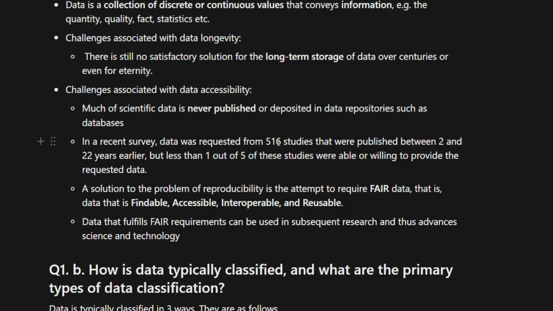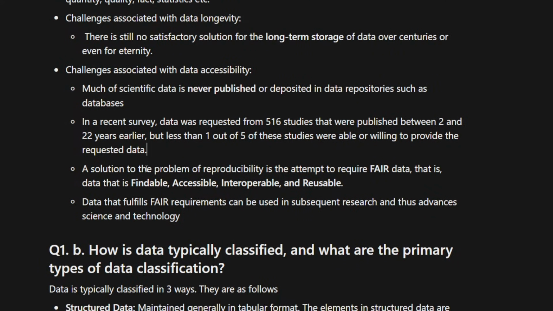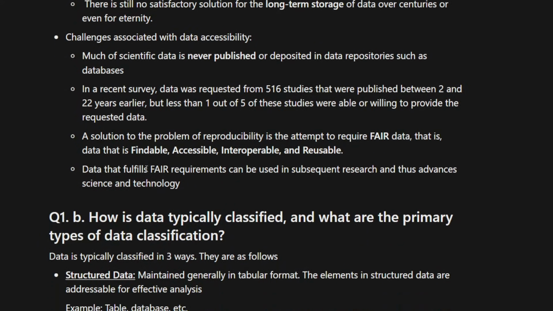What this is saying is that from 5 and 6 studies, less than 1 out of 5 of these studies were able or willing to provide the requested data. So you can vaguely write it as in a recent study, it was found that 1 out of 5 publishers were interested in providing the requested data. Writing like this is more than enough. You don't need to memorize these numbers.